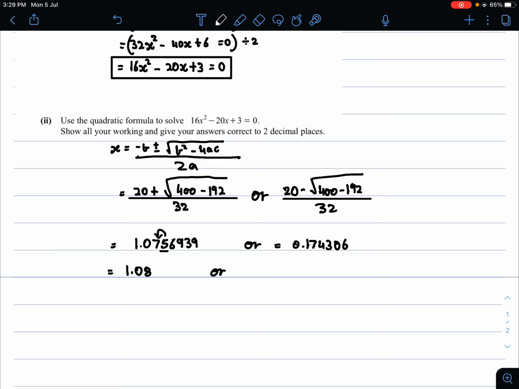Or the answer would be 0.17. Since 4 is less than 5, it won't round off the 7 to the next number. Therefore, these will be your 2 values or 2 answers for part F2.